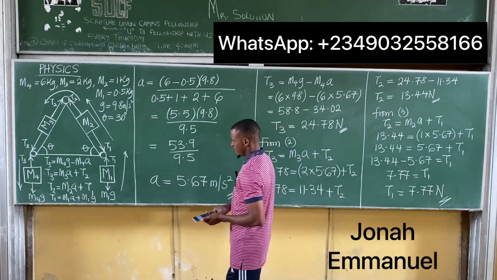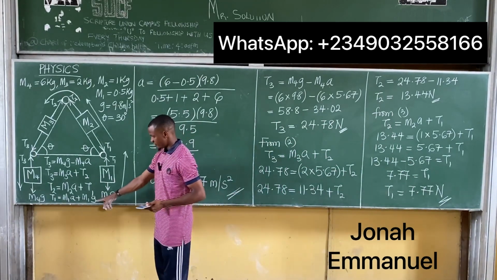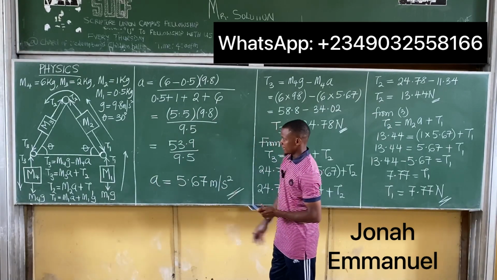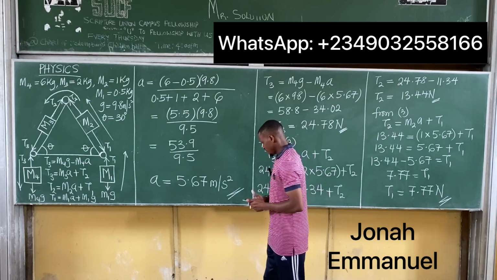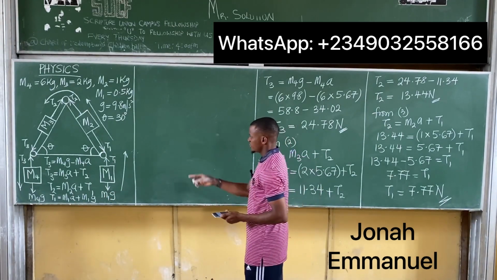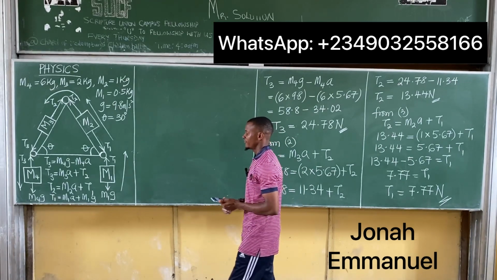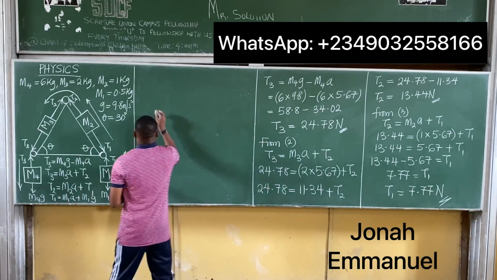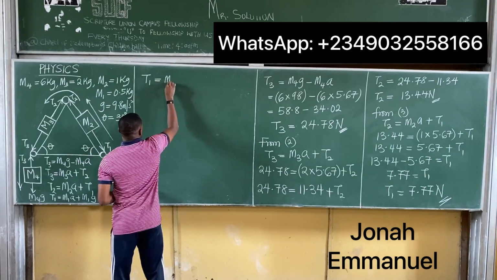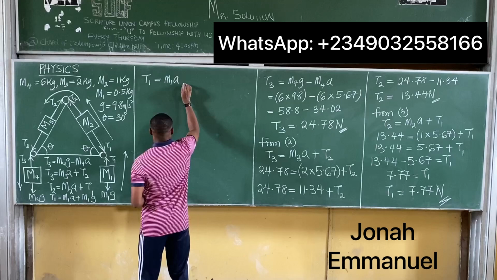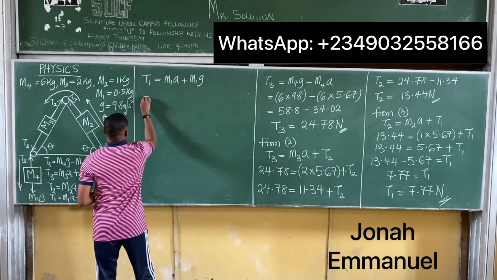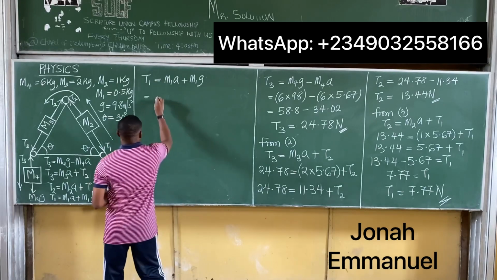But we have an alternative formula for T1. So we could perhaps test it and see if we can have the same answer. So let's try out our alternative formula for T1. We have that T1 is equal to M1A plus M1G. All right, input values. M1 we said is 0.5.